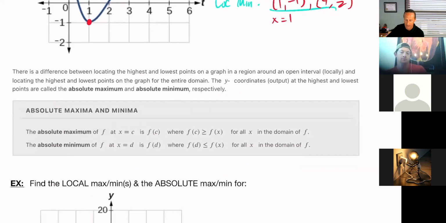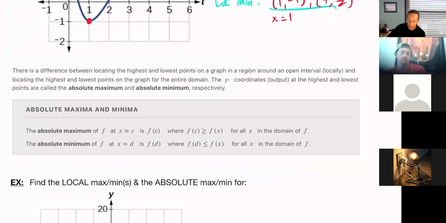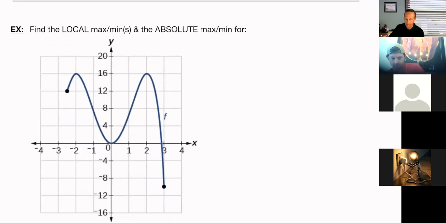So what is the absolute max and min? What do you guys think is different? It's the absolute, meaning the entire graph, which means there's no arrow going up or no arrow going down, because we know that does that forever. So there has to be what are called endpoints.